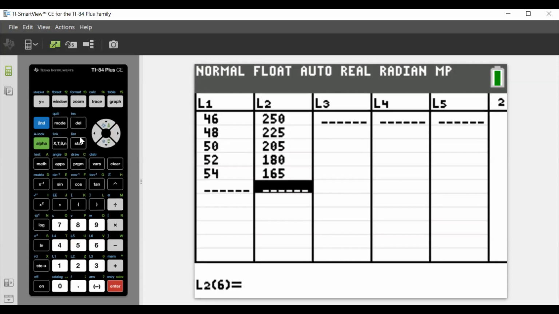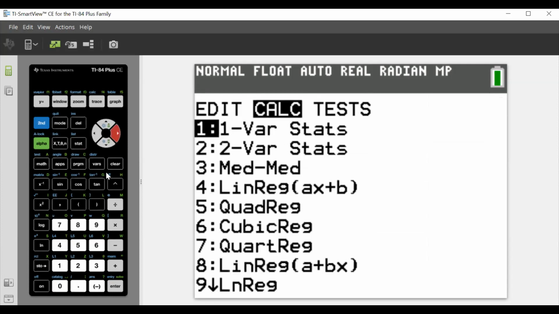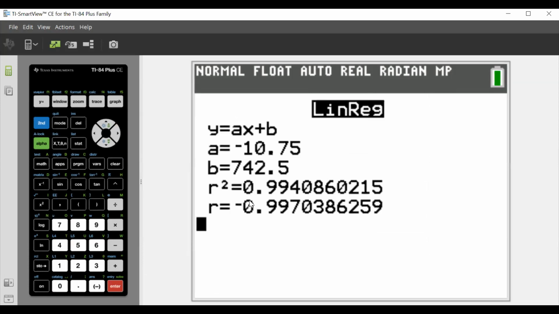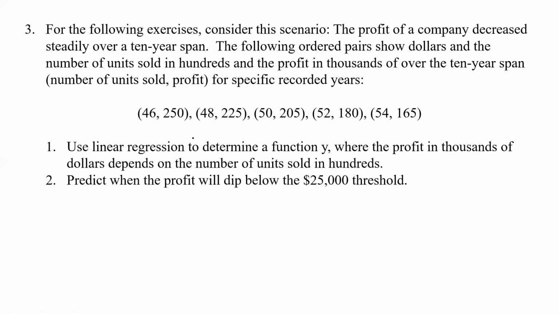And so now we want to do the calculation. So we're going to go to number 4 for linear regression. Yes, yes, yes, yes, calculate. And so this is the equation of our line. Now our slope is negative, which we expected because it said it was going down over time. So let's write this down. This is the regression line that we needed. So we ended up with y equals negative 10.75x plus 742.5.